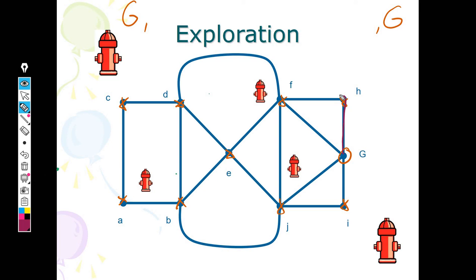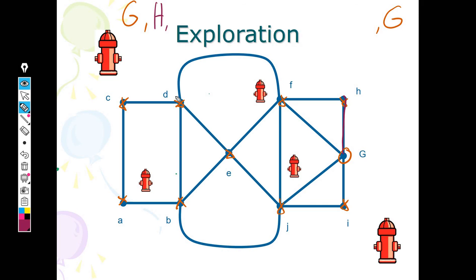You can go maybe to H first. But the important thing is that you don't have to go through all of the lines. You only have to make sure you go through all the vertices. That's the difference between Euler and Hamilton, is that you only have to touch all the vertices and return back to G. You don't have to go through all of the lines.